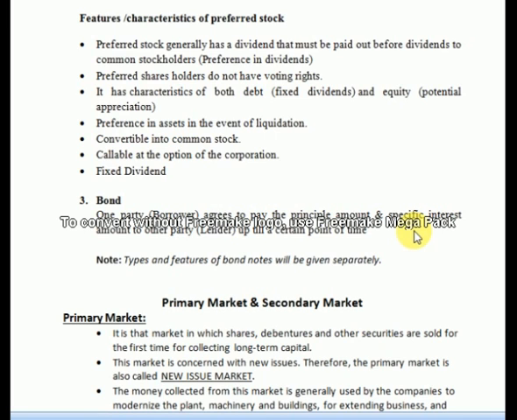Preference in the voting, in assets in the event of liquidations.